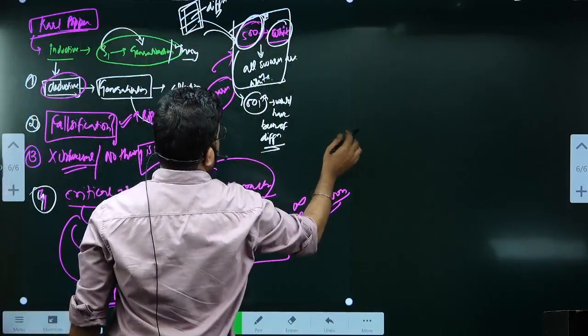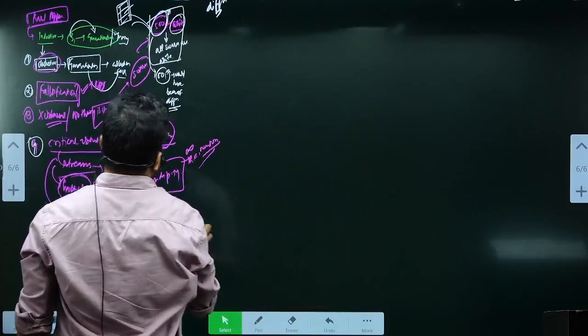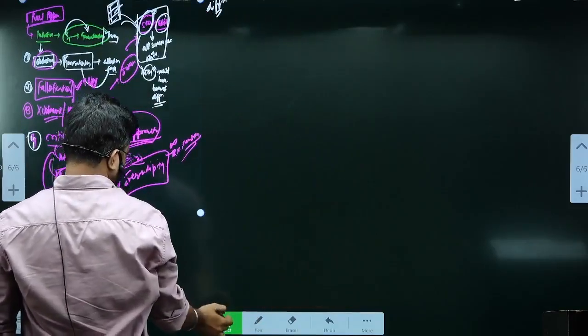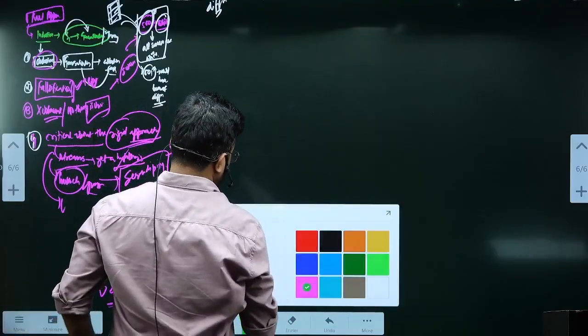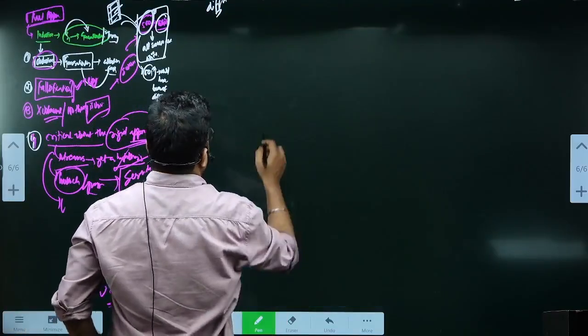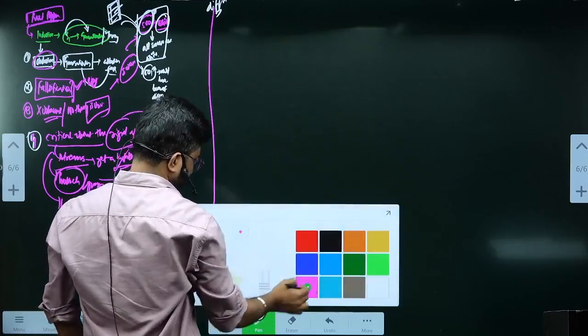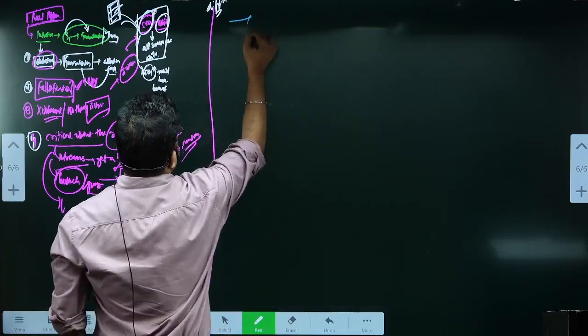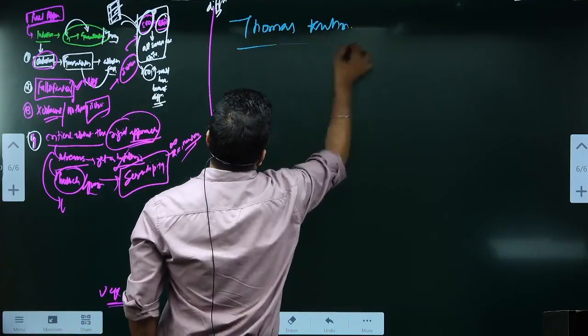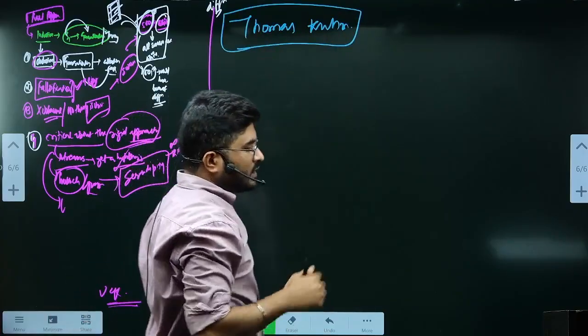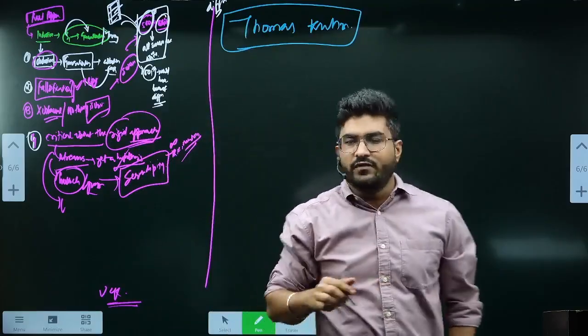This was for Karl Popper. Then comes Thomas Kuhn. He talks about a scientific paradigm.